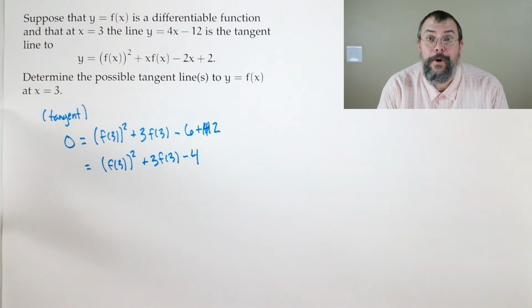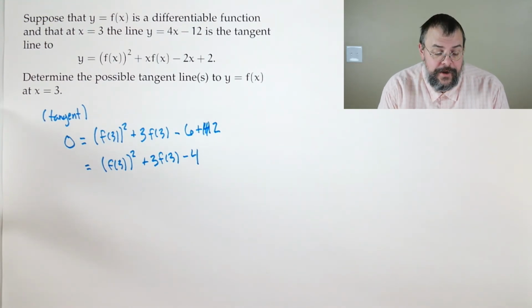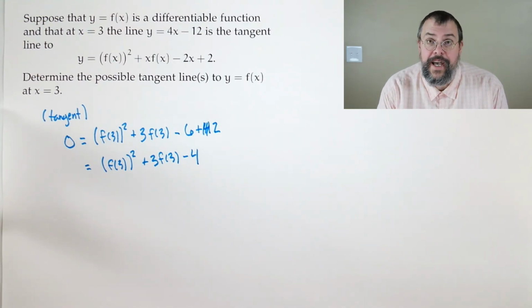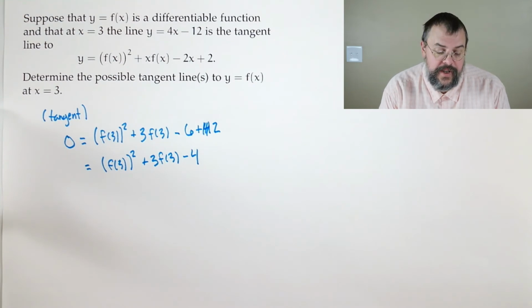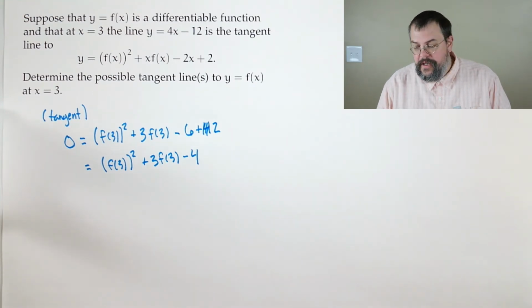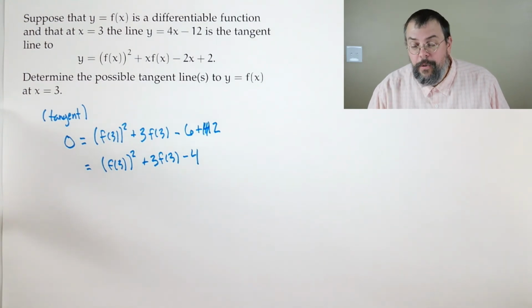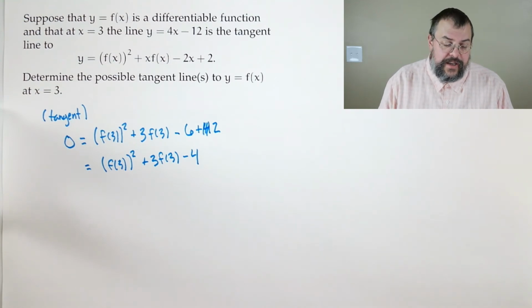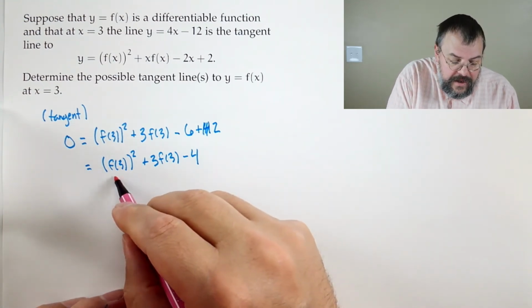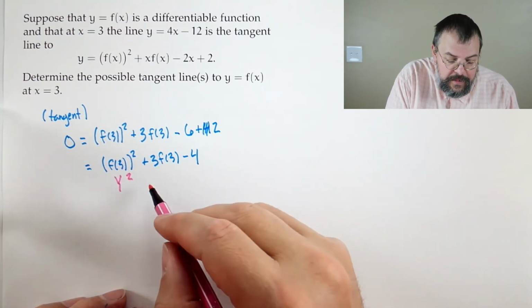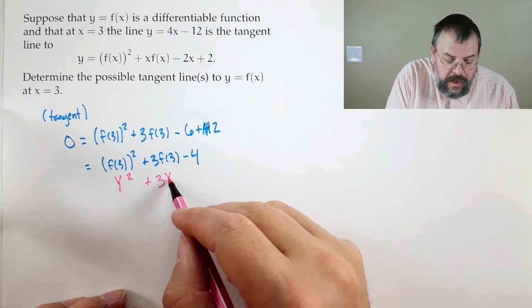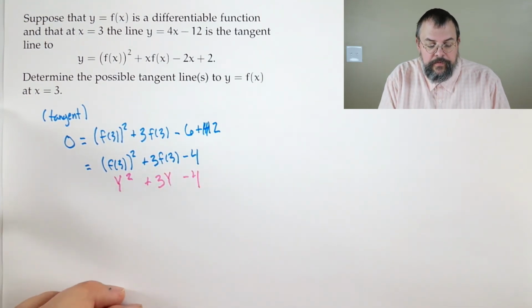Okay, now, what's going to happen here? Well, suppose this was all we had. Can we say anything at this point? If you think about it, you say, hey, it vaguely looks like a quadratic, right? Because I'm seeing squares. Whenever I see squares, I'm thinking quadratic. It looks like something like a y squared plus a 3y and a minus 4.